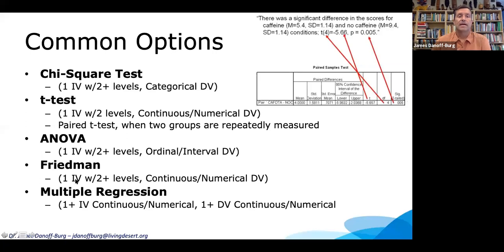Okay? And then multiple regression is when we have continuous data in both the independent variable and the dependent variable. So say we are looking at health of people and the amount of time that they spend exercising, measured in minutes, and the number of cigarettes that they smoke in a week, say.